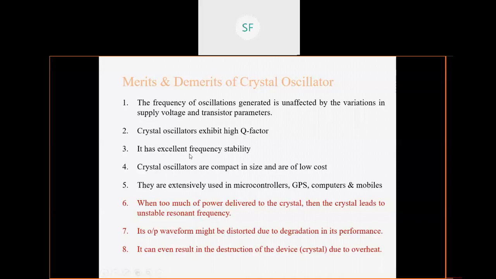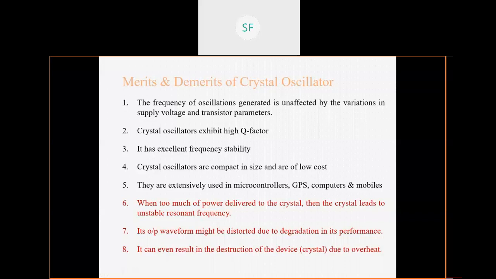Then third, it has excellent frequency stability. Yes, we have discussed this. Crystal oscillators are compact in size and of low cost. So this is another advantage. In RC and LC oscillators, when you are working at a low frequency, the size of the RC circuits or inductors becomes large, that is bulky.